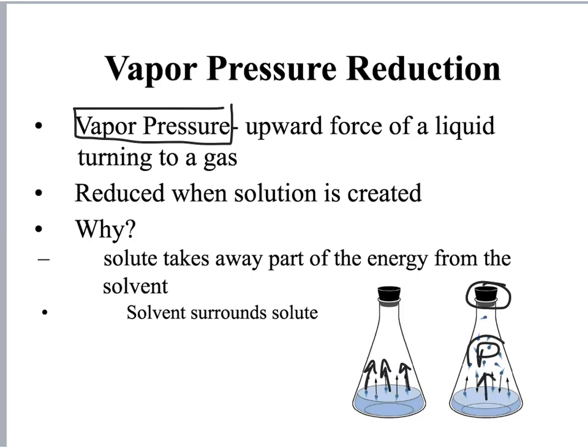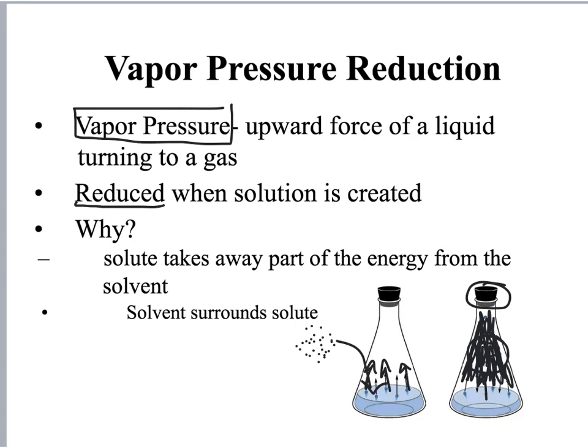That pressure above the liquid we call vapor pressure. Now, if you add solute to that, so maybe salt to the water, by adding more solute and having a higher concentration, the vapor pressure is reduced, meaning that inside this flask, above the water, it's not as high of a pressure.